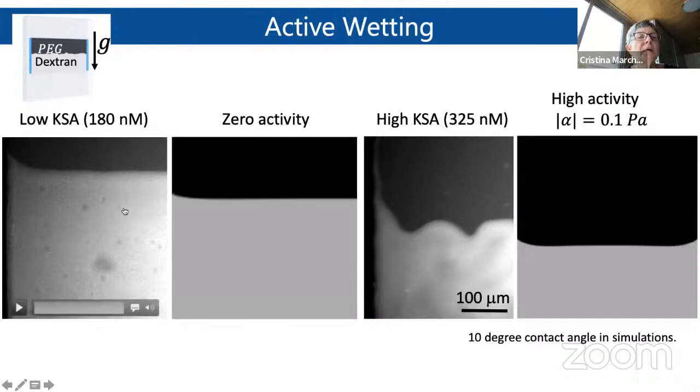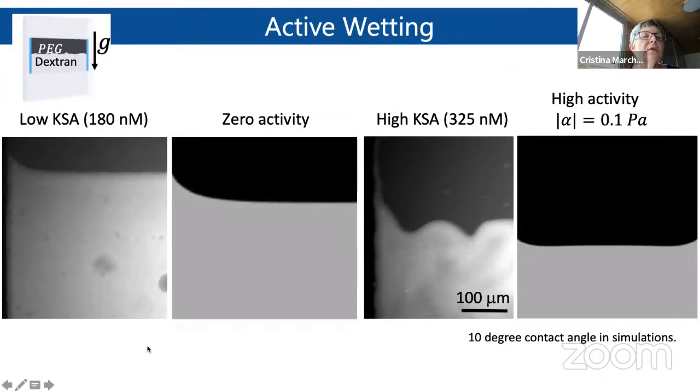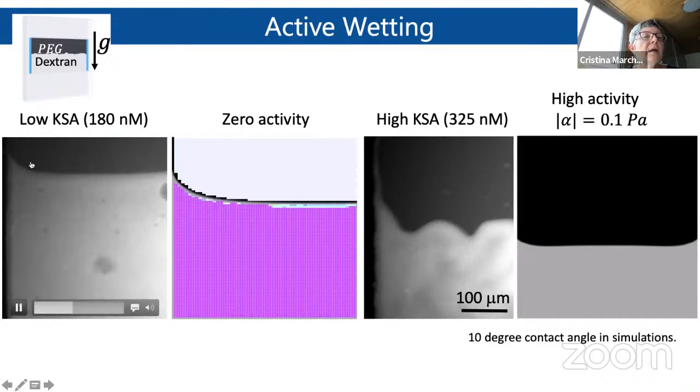The first is experimentally a very low concentration of kinesin, and the simulation has 0 activity, so it's a passive interface. Then we have one at a high concentration of kinesin in the experiments and a high activity in the simulations. For low or 0 activity, you see that there is wetting at the interface with an angle like that.